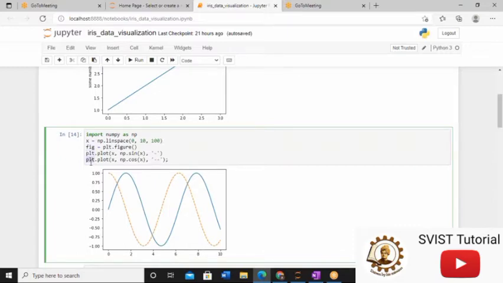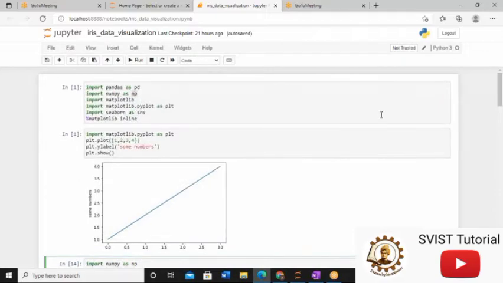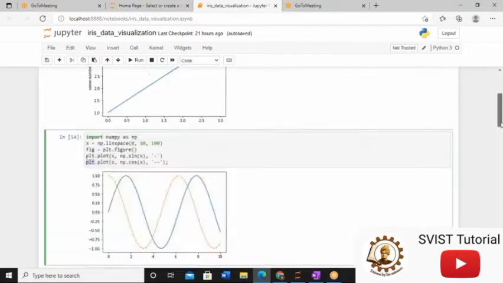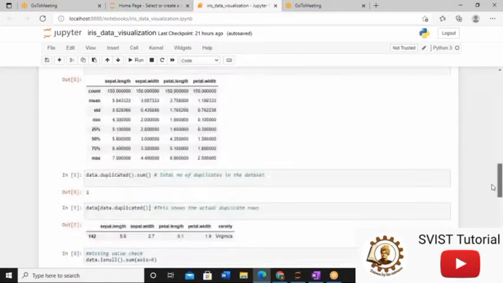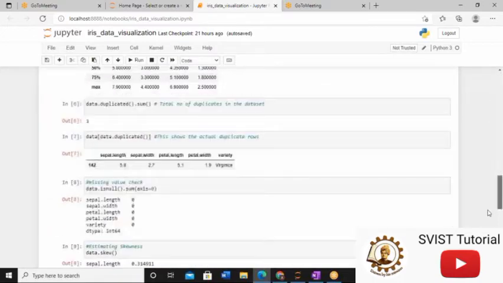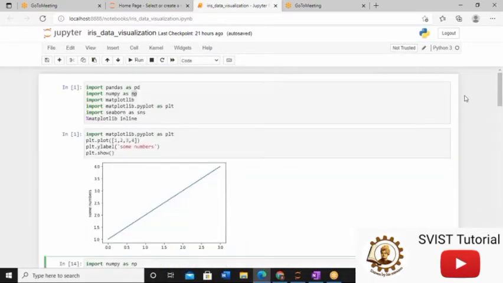So from here there is one conclusion, which you have to note. The entire notebook in which I am working today is known as one session, or you can say one kernel.